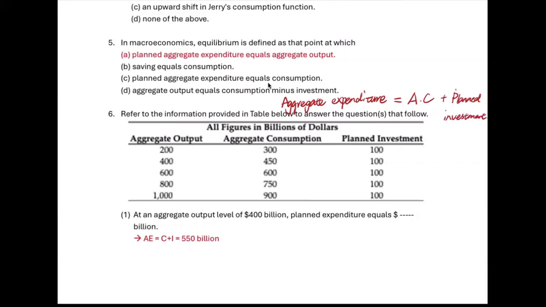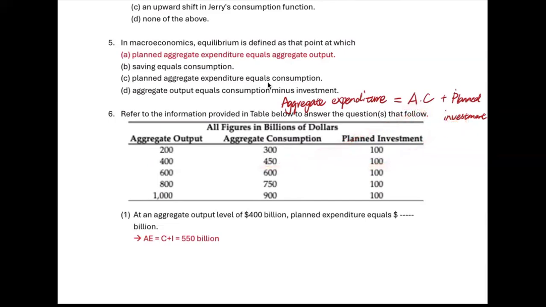Okay, so then you can look at question 1. When the aggregate output level is 400 billion, the planned expenditure equals what? So at 400 billion, aggregate consumption is 450, the planned investment is 100. So you can just get the value, right?